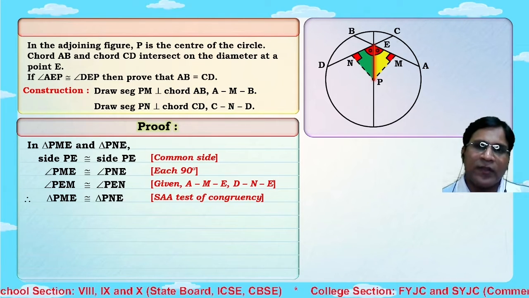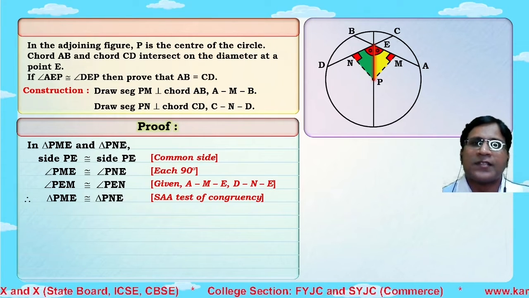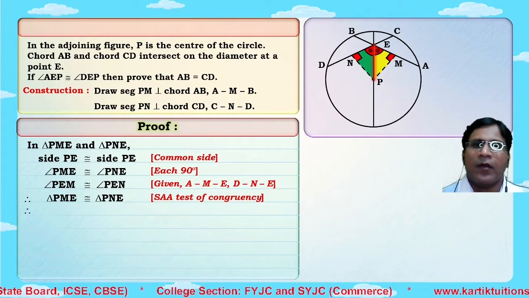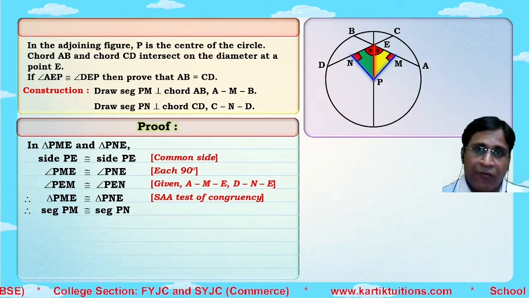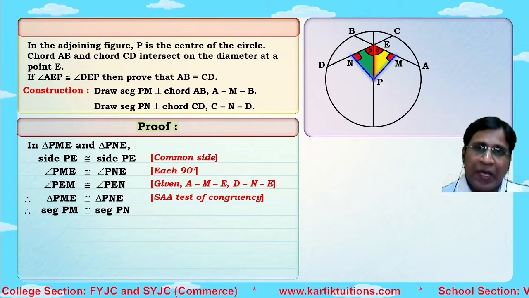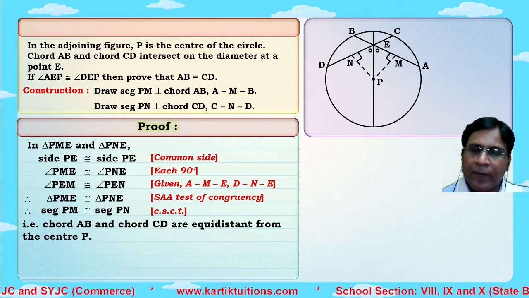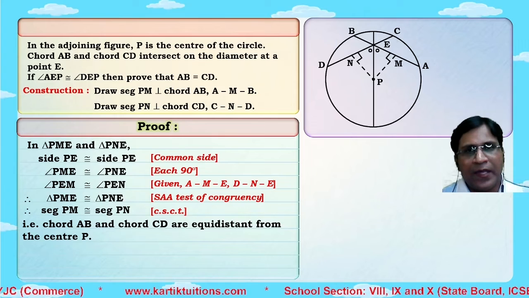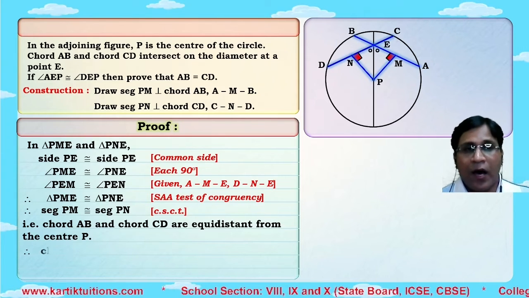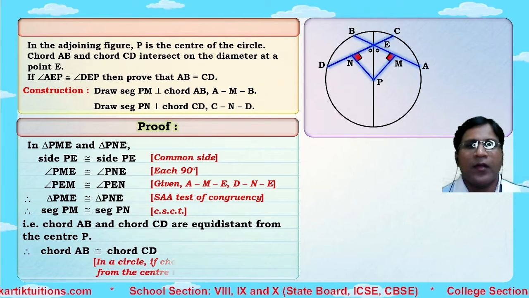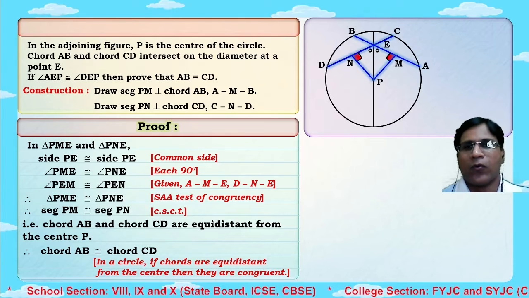Now if the triangles are congruent, then the remaining elements are also congruent. In these remaining elements, we are just going to talk about the sides PM and PN. Now we know PM is congruent to PN. In other words, we are proving that chords AB and CD are equidistant from the center P. And if they are equidistant from the center P, then I can say the chords are also congruent. How? Just now we have studied one theorem.